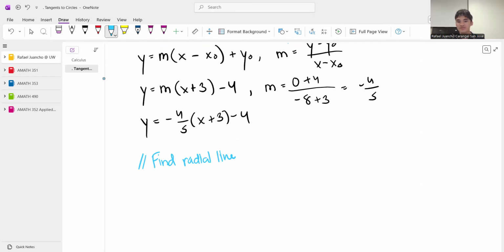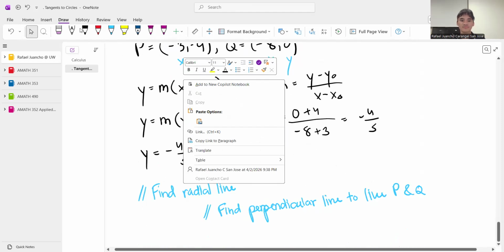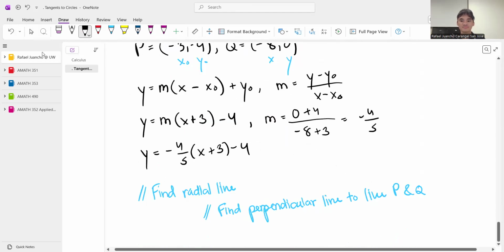And the way we find it is we find the perpendicular line to line P and Q, or the line that connects P and Q. I'm talking about this line.